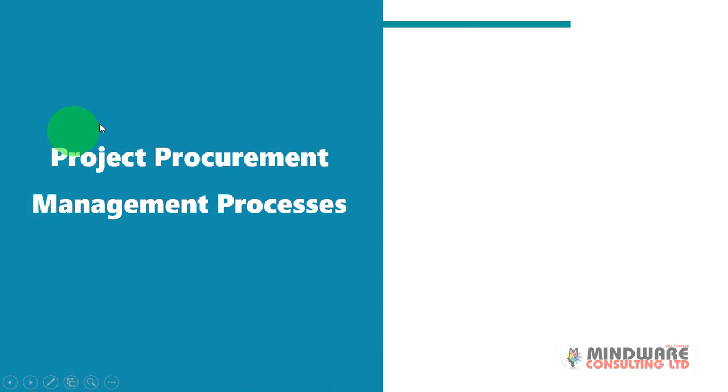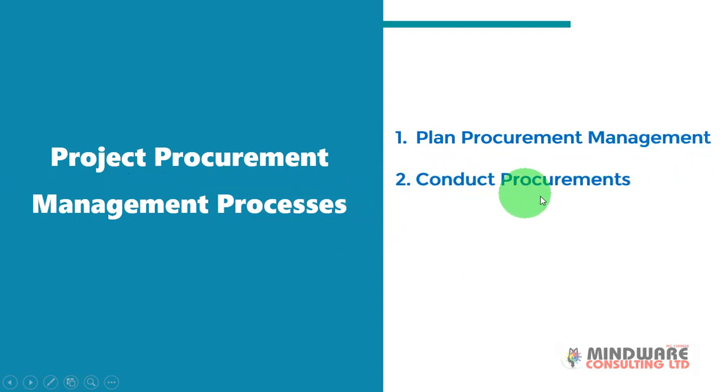Now let's look at the processes that are involved in project procurement management. First is plan procurement management. Next we have conduct procurement, and then last but not least we have control procurement. So these are the major processes that are involved in project procurement management.